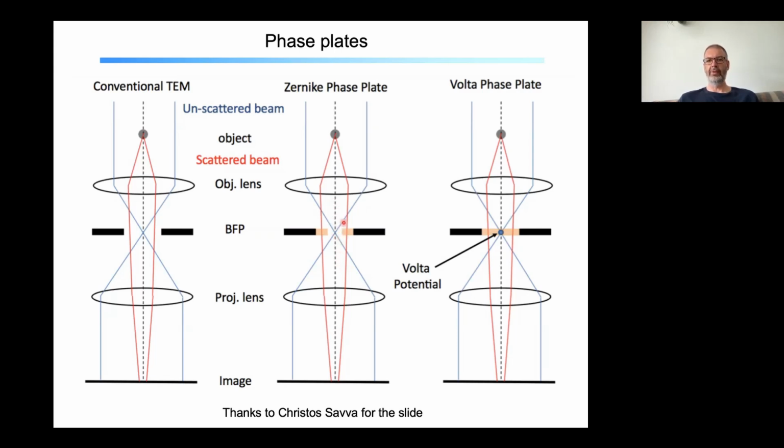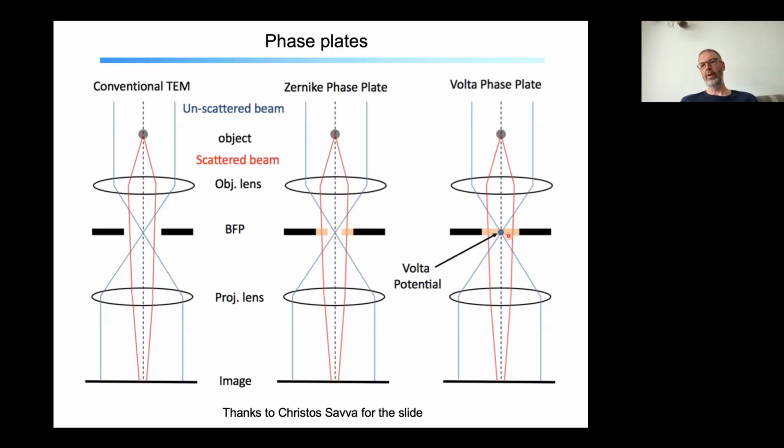Your scattered electrons at the back focal plane, depending on their angle, are then phase shifted by a carbon film that sits at this back focal plane. When that is recombined in the image, it induces an additional phase shift in your scattered electrons, similar to applying defocus, in that for maximal interference you want a further 90-degree phase shift.